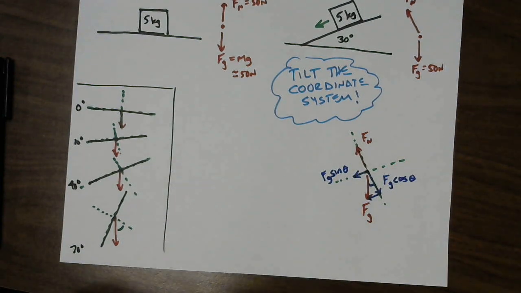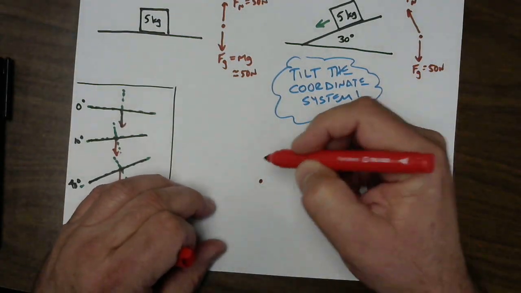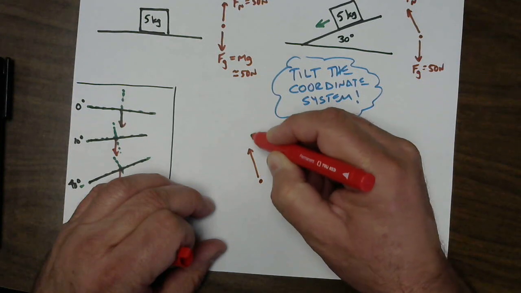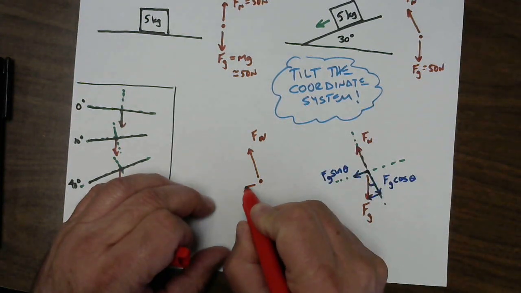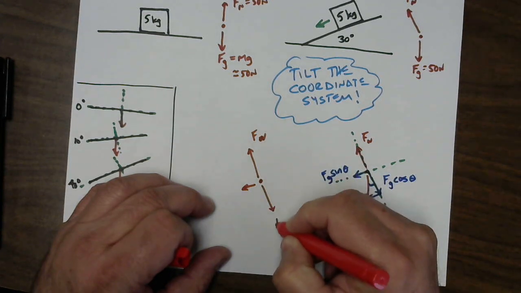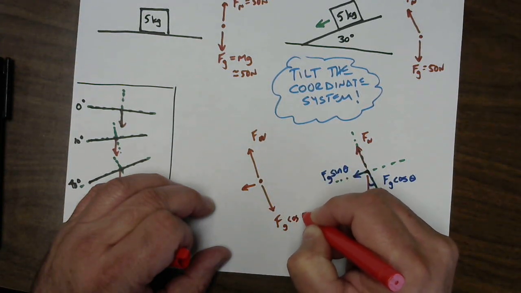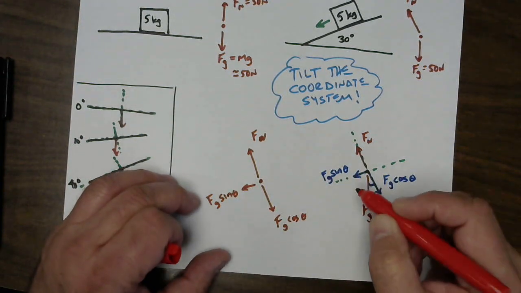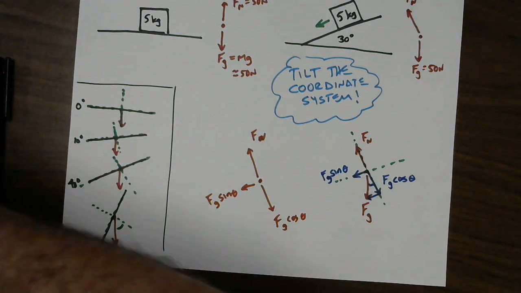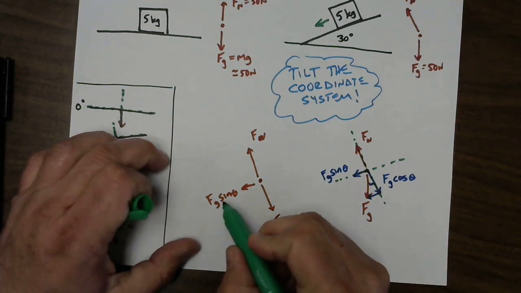So once we've componentized, we can redraw the free body diagram, and on this new free body diagram, we're only going to have components. So there's the normal force, there's weight times the cosine of the angle, and there's weight times the sine of the angle. And now with this new coordinate system, in fact, let me put the axes back on.